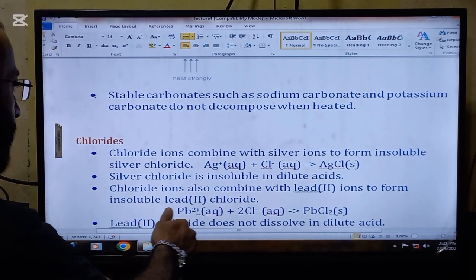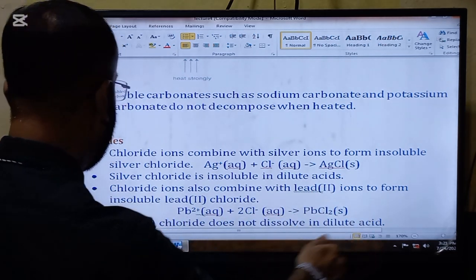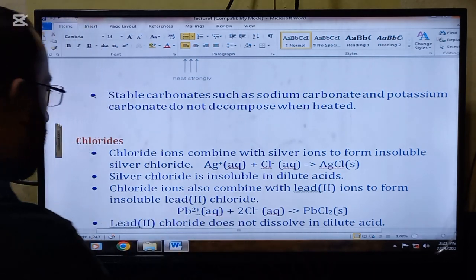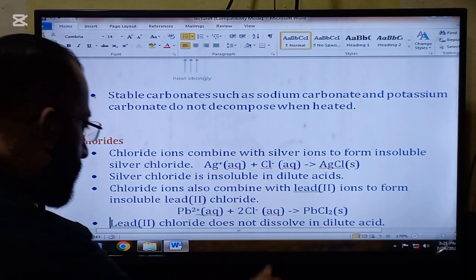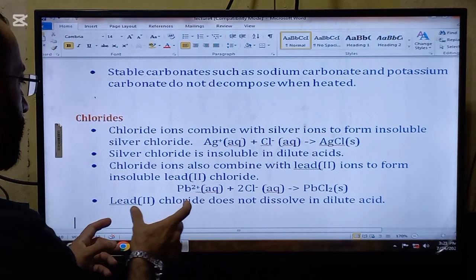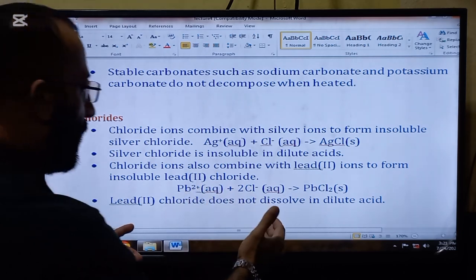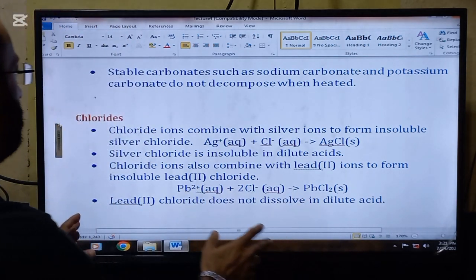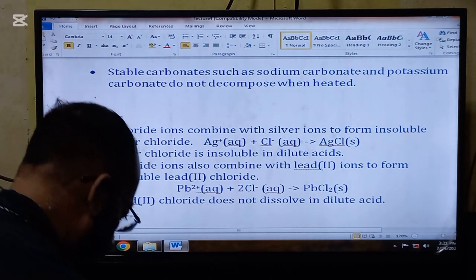Chloride ions also combine with lead ions to form the insoluble lead chloride. So here is the equation. Lead chloride does not dissolve in dilute acid. So if the thing that is formed is insoluble in the dilute acid, that will be the sign that the chloride ion is there.